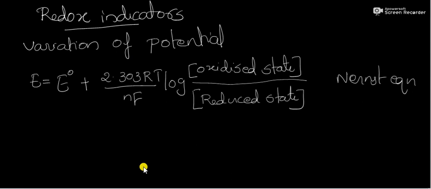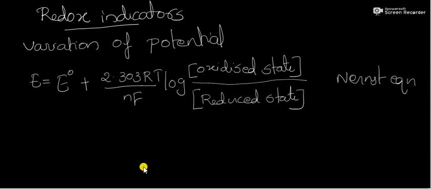In case of acid base indicator, a color change occurs in response to the sudden change in pH, whereas here it is the sudden change in potential at the vicinity of the equivalence point. So that is a redox indicator.